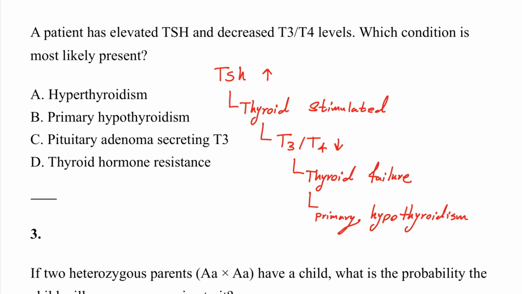The pituitary gland produces TSH, or thyroid stimulating hormone.